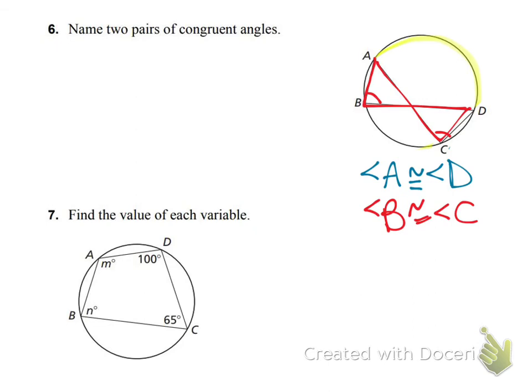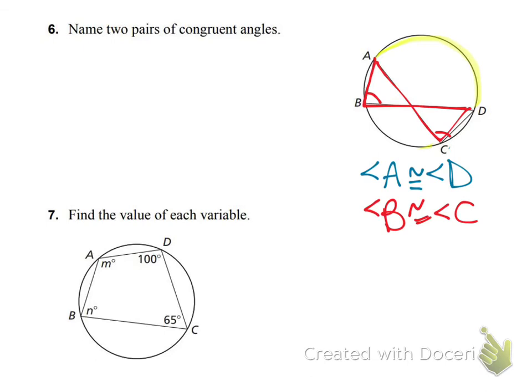On number 7, what kind of shape do we have inscribed into the circle? A quadrilateral. What property did we learn about quadrilaterals? All of the angles do add up to 360.